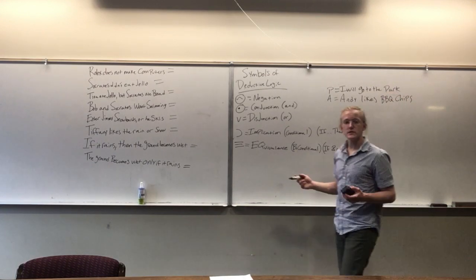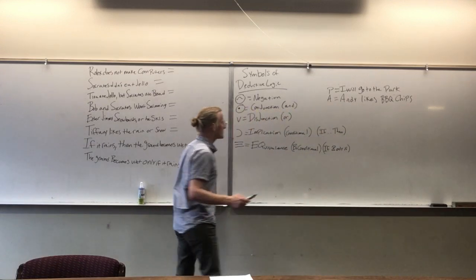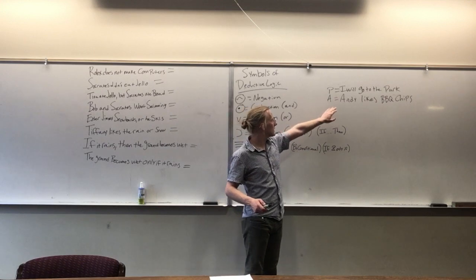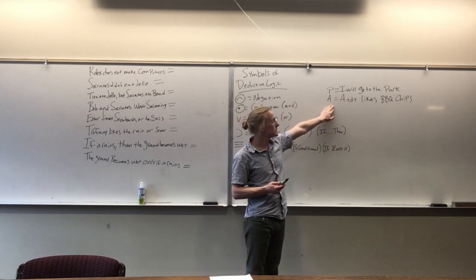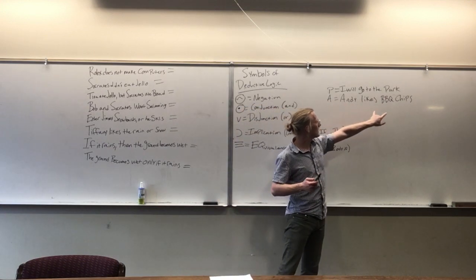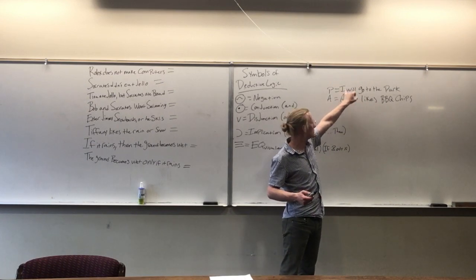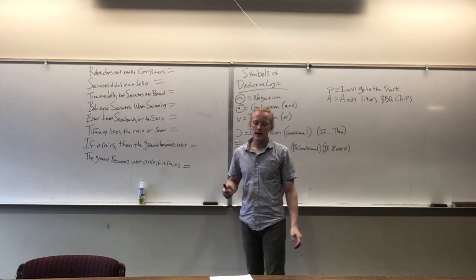Okay, so now I have 2 simple sentences. Now, before I explain what conjunction does, notice that these sentences have a subject, Andy, and a predicate, likes barbecue chips, likewise I being a subject and will go to the park being the predicate.